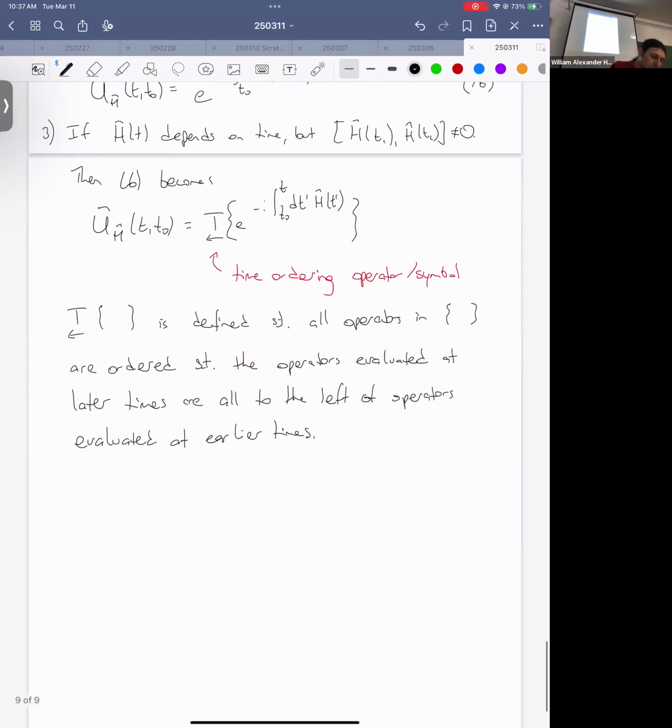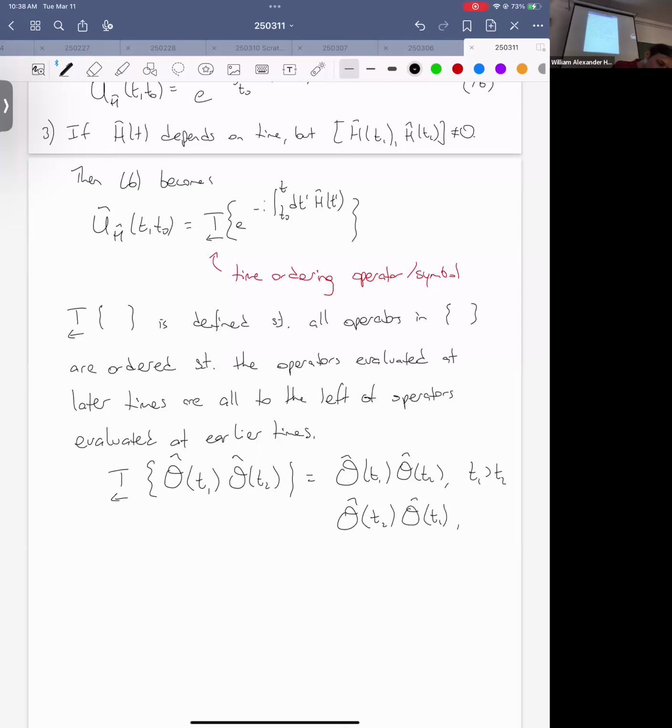So in particular, time ordering of some operators O hat T1, O hat T2 is O hat T1, O hat T2 if T1 is bigger than T2, but is equal to O hat T2, O hat T1 if T2 is bigger than T1.